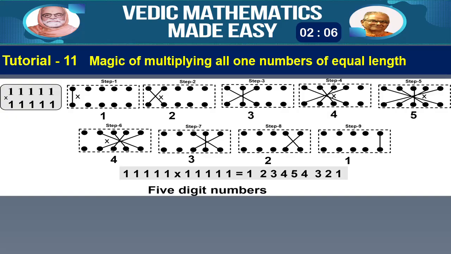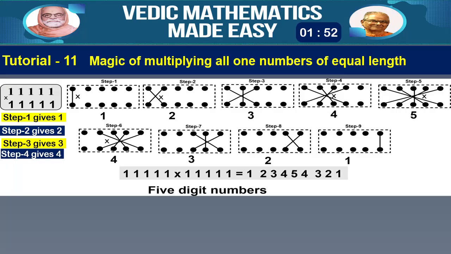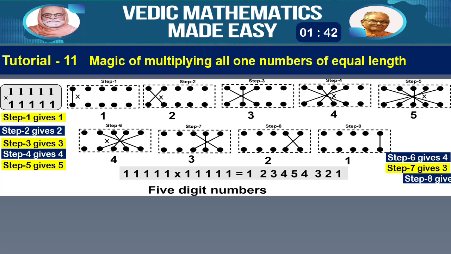If you observe each step diagram and find the values, you will get step 1 gives 1, step 2 gives 2, step 3 gives 3, step 4 gives 4, step 5 gives 5, step 6 gives 4, step 7 gives 3, step 8 gives 2, and finally step 9 gives 1.